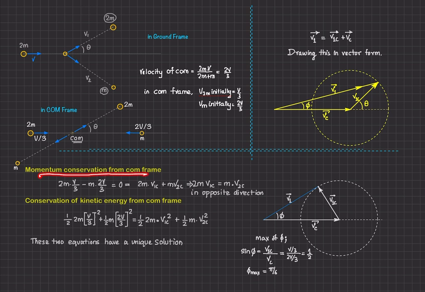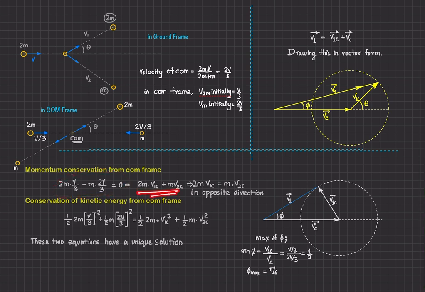Now if we do momentum conservation from here, in the center of mass frame we have 2m into v by 3 which is towards the right, and m into 2v by 3 which is towards the left. This net momentum is 0, right? So in the center of mass frame the initial momentum is 0, so the final momentum must also be 0.